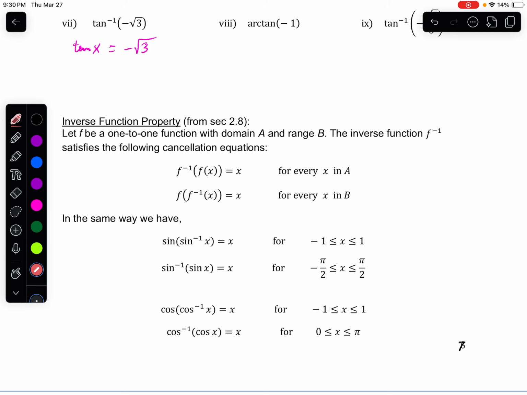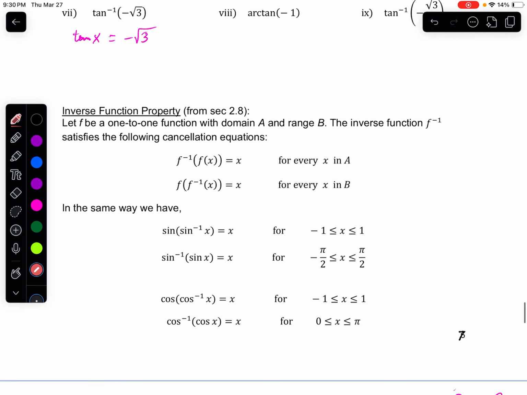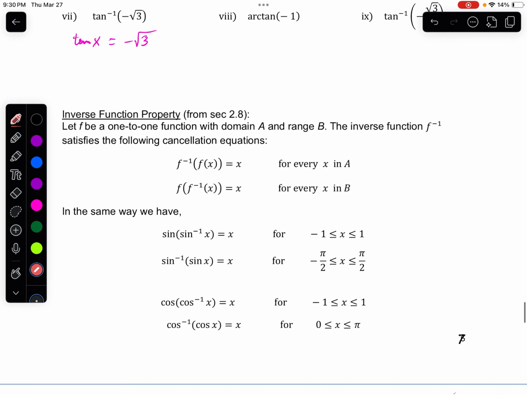So there is a property of inverse functions, and this is from section 2.8, that if f and f inverse are inverses of each other, then the composite function, f inverse composed with f of x, which can be written as f inverse of f of x, will give you back x if these two are inverses of each other.